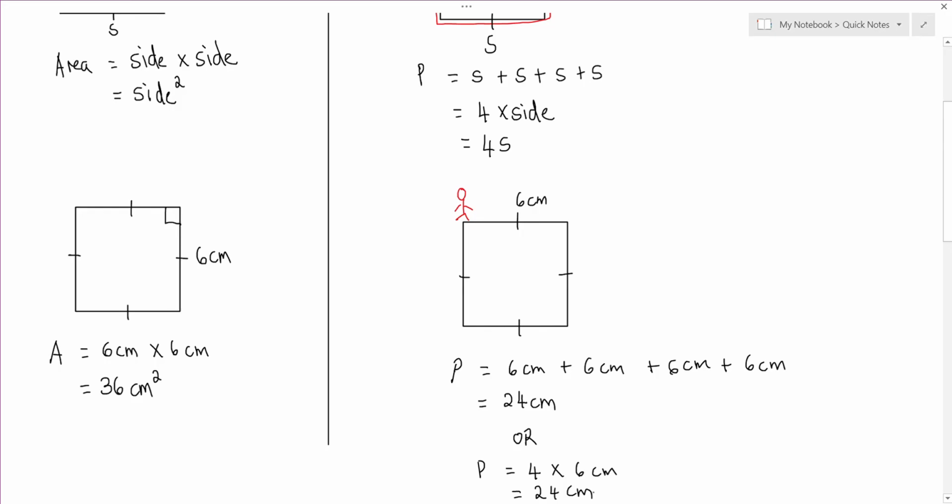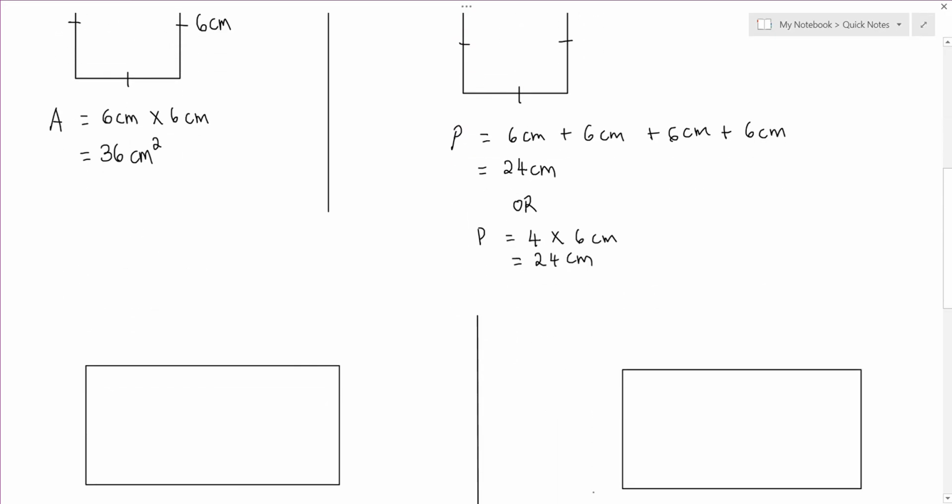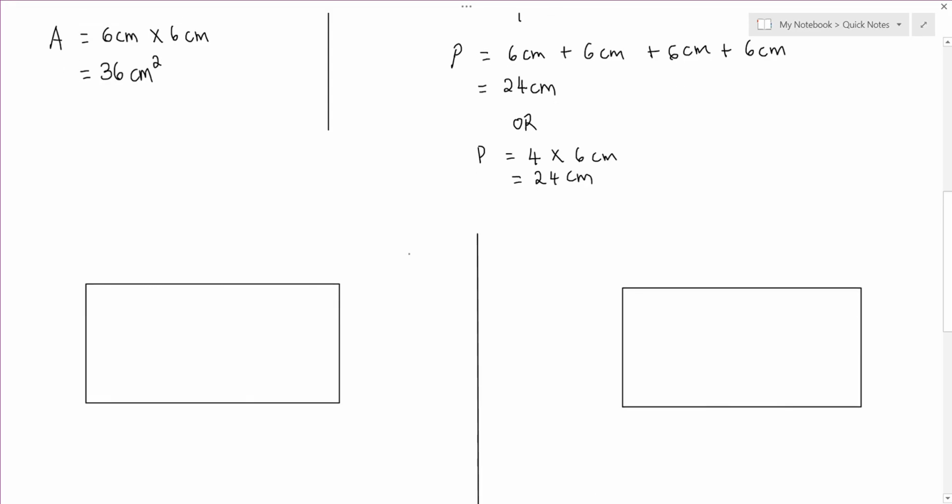Okay, now let's have a look at the perimeter and area of a rectangle. We're going to start on the left hand side with area, and we'll have perimeter on the right hand side.